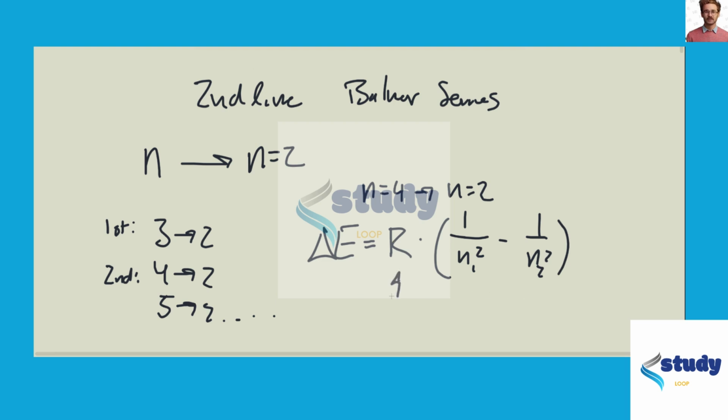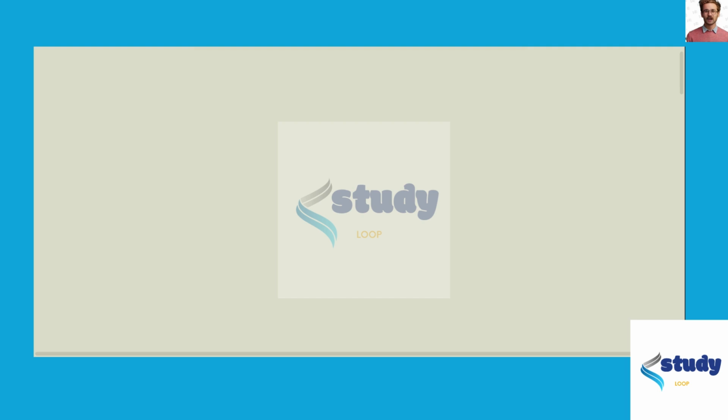And if we're answering in joules, then we want the Rydberg constant in joules, which is 2.178 times 10 to the negative 18.